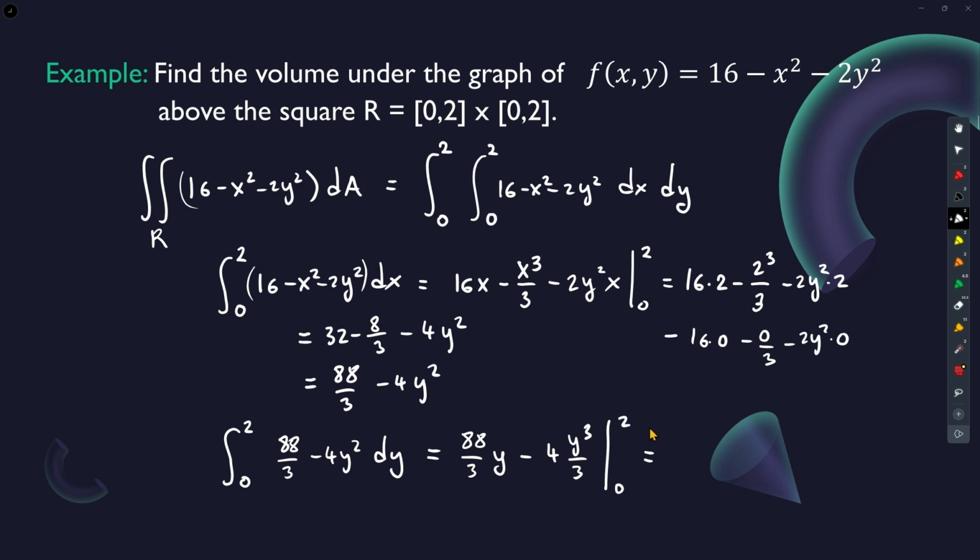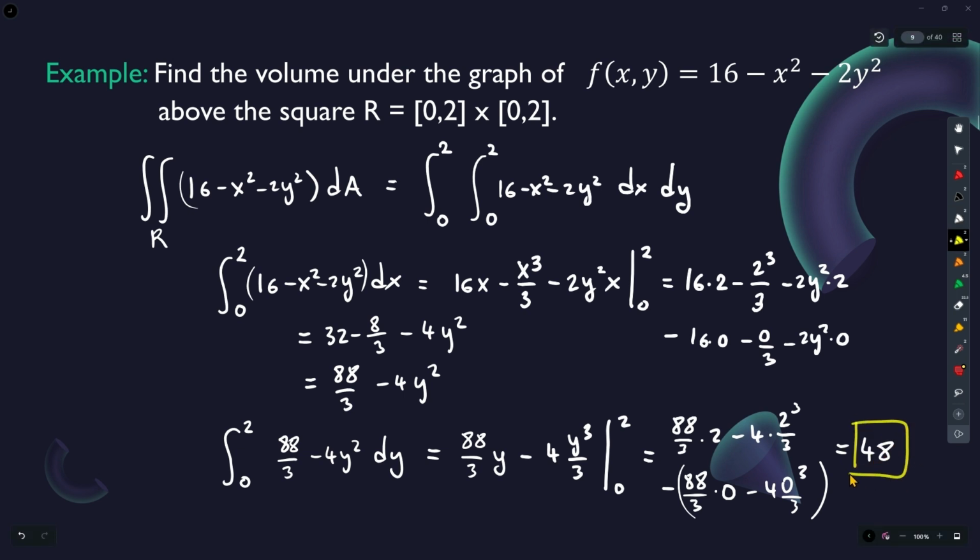So the answer will be 88 divided by 3 times 2 minus 4 times 2 cubed divided by 3, minus the evaluation at 0. That is 88 divided by 3 times 0 minus 4 y cubed divided by 3 with y now 0, so all that in the parentheses is just 0, and what I get is 48. So the volume itself was 48.